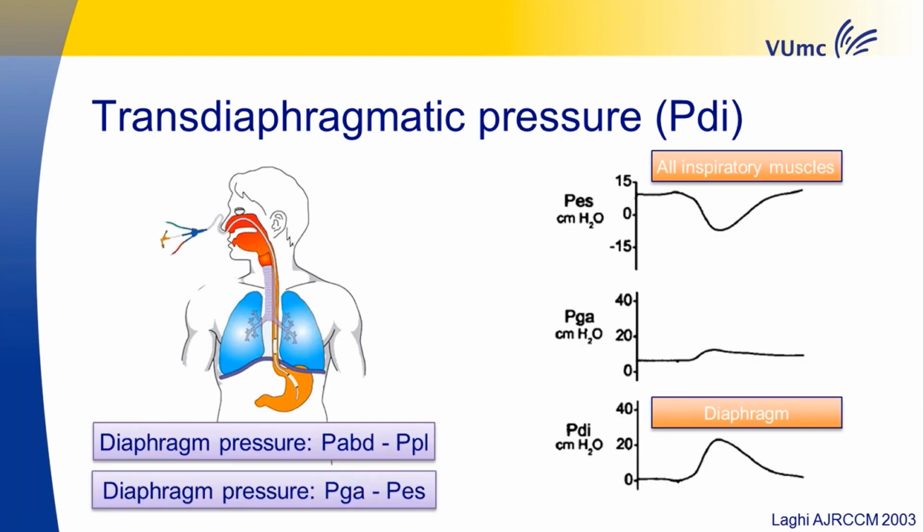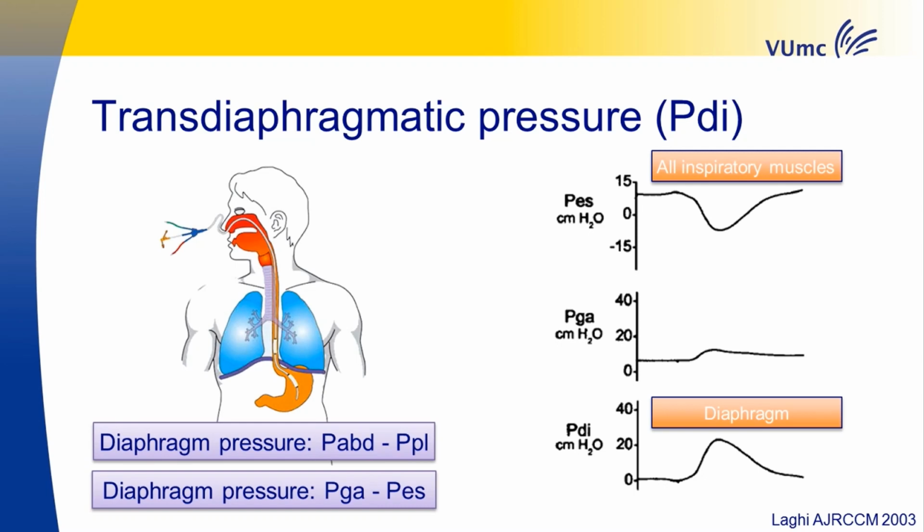During inspiration, even if you don't use your diaphragm, imagine if your diaphragm is completely relaxed, but you do an inspiration with your intercostal muscles, scalene muscles, or whatever, you will generate a negative pressure in the thoracic cage, which is reflected by a change in esophageal pressure. So keep in mind, a change in esophageal pressure reflects the activity of all the inspiratory muscles.